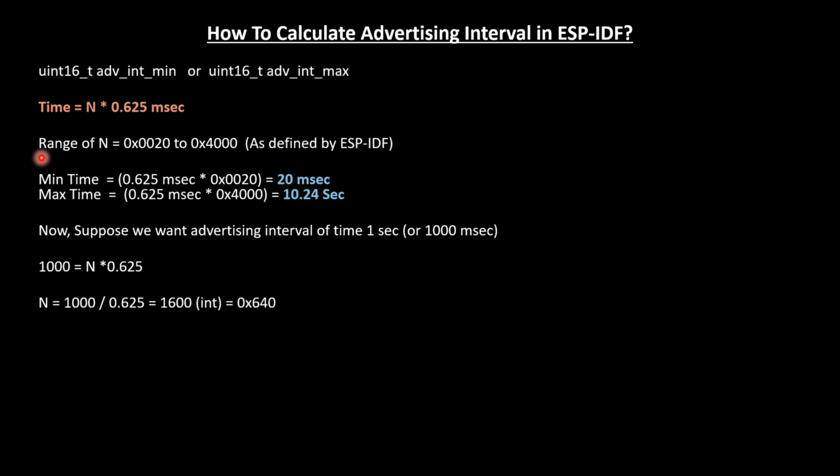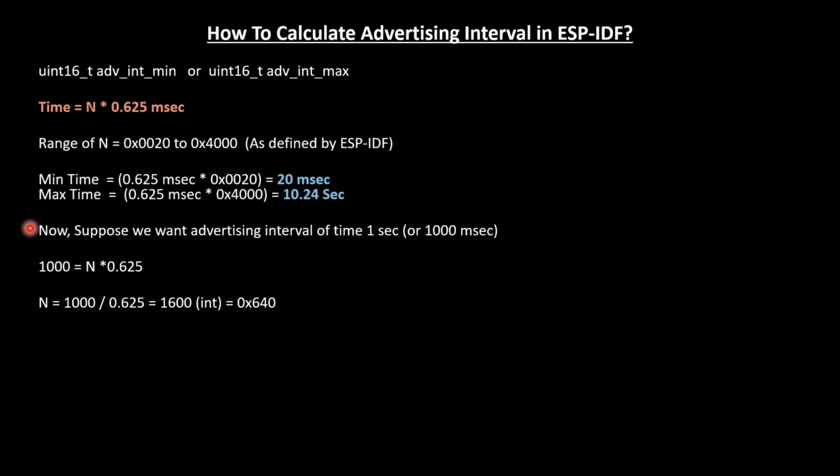If you set this outside of this range, the advertising interval will fail and the device will not advertise. If we set n to 20 hex, the time will be 20 milliseconds, and if we set n to 4000 hex, the output will be 10.24 seconds. So this is in the range of 20 milliseconds to 10 seconds, which is also defined by the Bluetooth SIG.